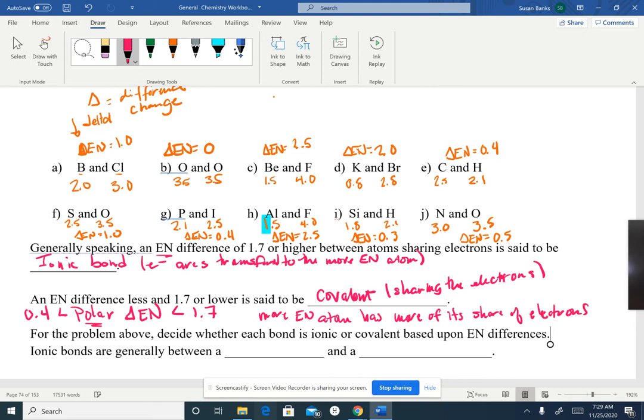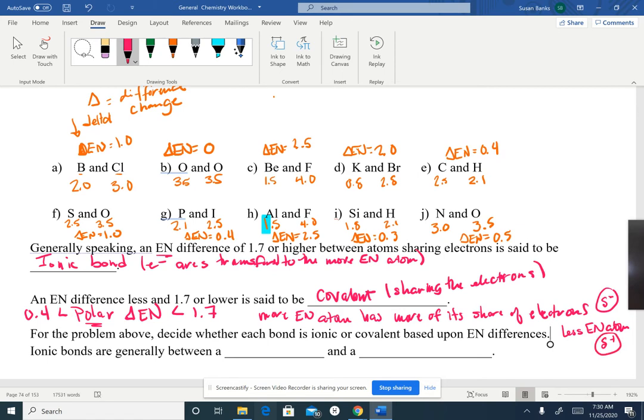And if it has more of its share of electrons, that end of the atom becomes partially negative. And the less electronegative atom, because it doesn't have its share of electrons, becomes partially positive.